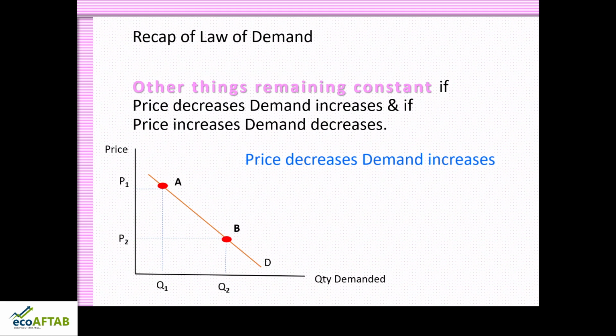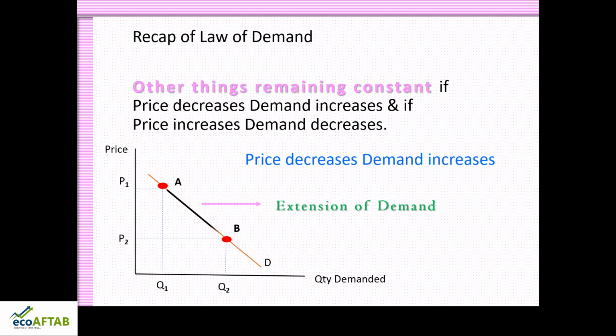So this Q1 to Q2, that is from point A to point B, is a movement on the demand curve, and this movement from point A to point B is called extension of demand. You can see the black blinking arrow.